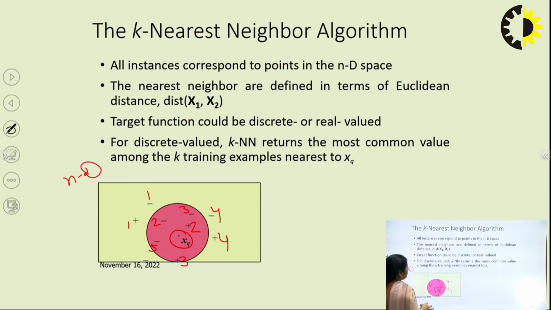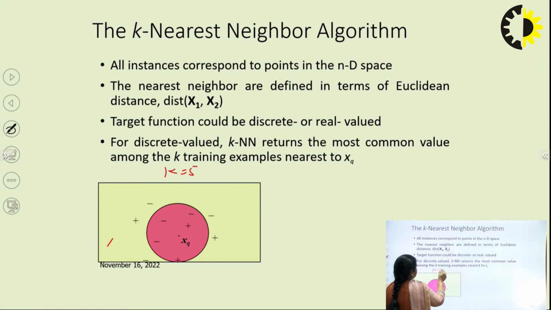If we take k as 5 and see the 5 neighbors of this query point, we get 1, 2, 3, 4 and 5.